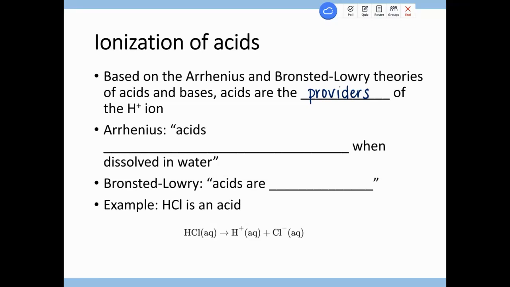So we saw in that previous slide, HCl, that's a strong acid that dissociates into H plus and Cl minus. HCl is an acid because of the H plus, because it provides the H plus.